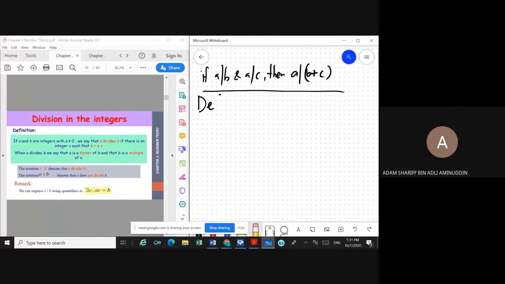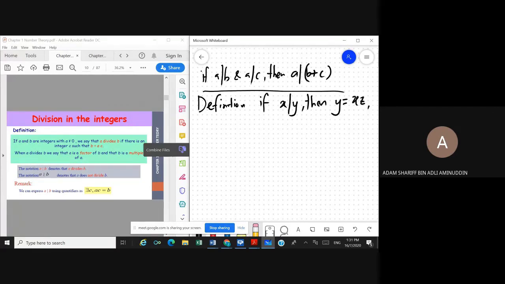Definition. I start with the definition first. I will use other alphabets so that you will not be confused with the top representation. Divisibility means that if x is a factor of y, then it means that y is equal to x times z.